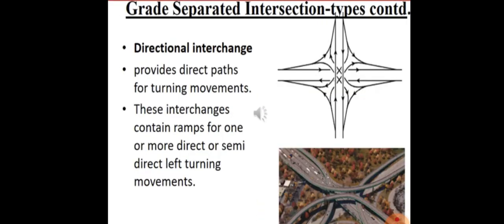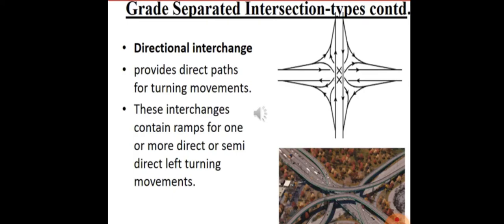Then we have the next one, that is the directional interchange. A directional interchange actually provides direct ramps for left turns. These interchanges will contain ramps for one or more direct or semi-direct left turning movements.